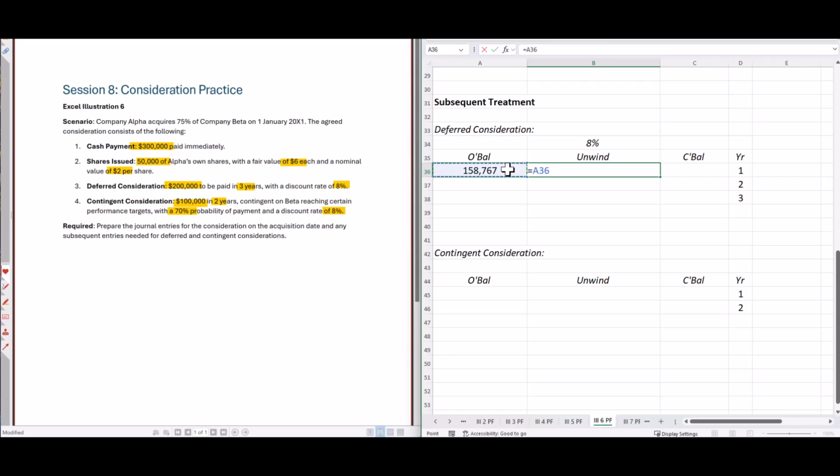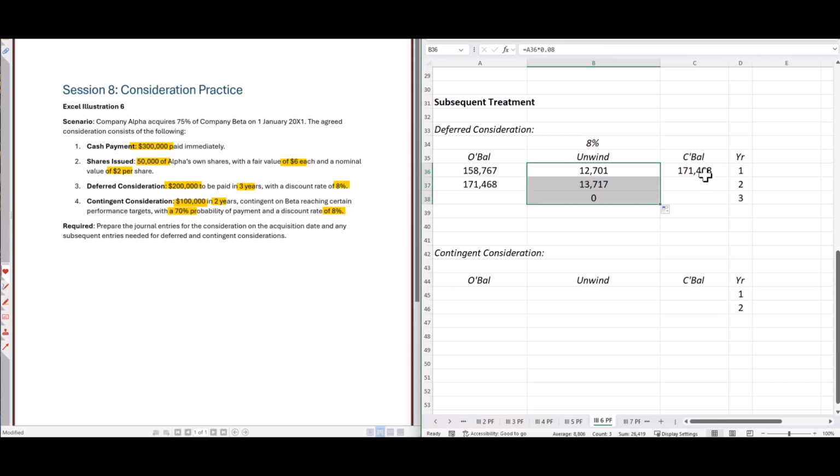So 158,767 times 8%. So that's going to be 12,701. Which means the closing liability, because remember the credit is to the liability, is going to be 171. That becomes the opening for the next year, and then we do it all again.